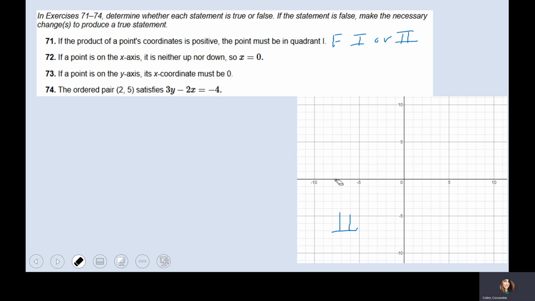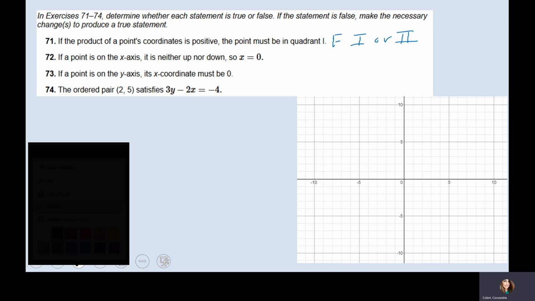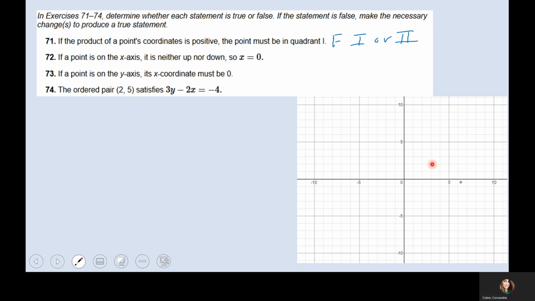All right, let's look at the next one. It says if a point is on the x-axis, it is neither up nor down, so x equals 0. If you're on the x-axis, that is correct, you're neither up nor down. But think about it like this.